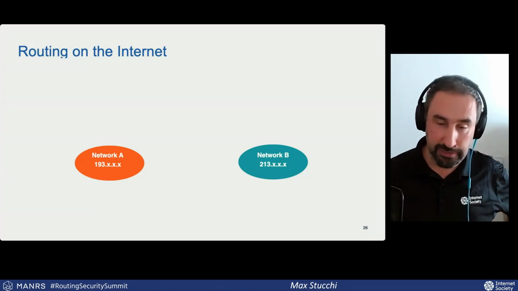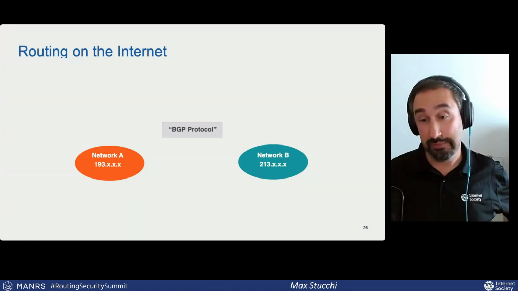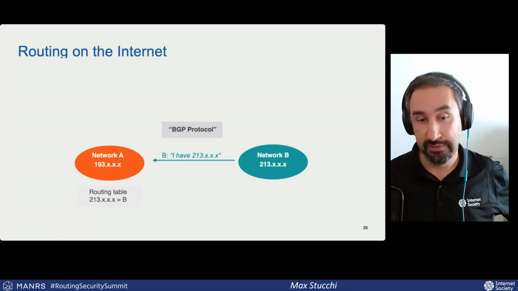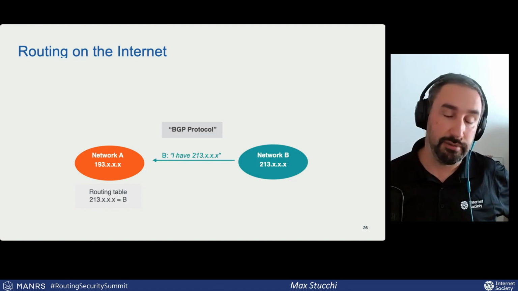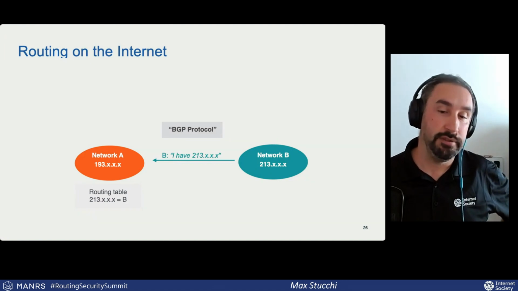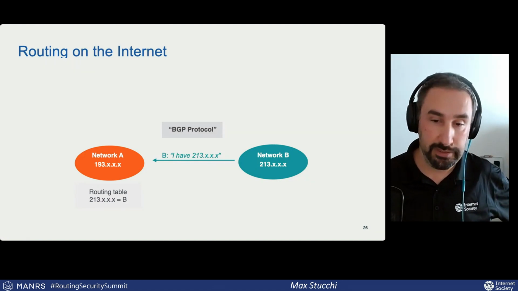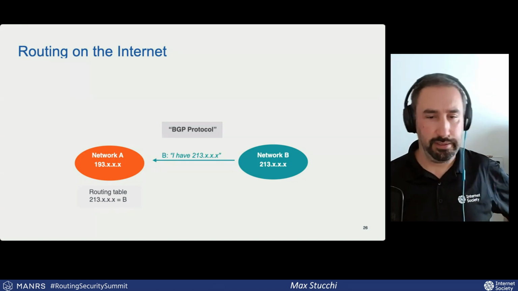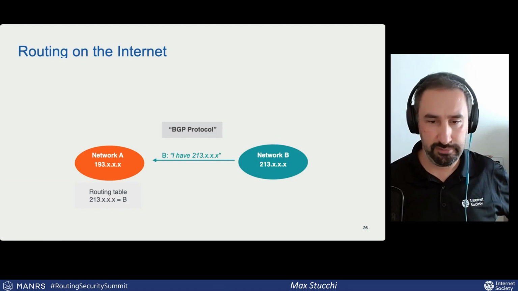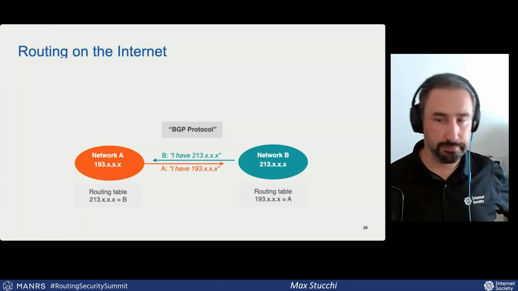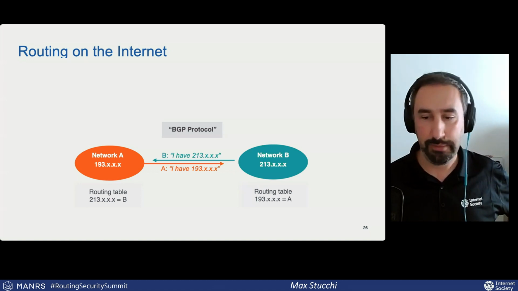I told you that when we route on the internet, we have BGP and we have networks exchanging reachability information. So in this case, network B says, hi, network A, I have this network, 213, blah, blah, blah. And network A replies with, I have another one, 193, blah, blah, blah.